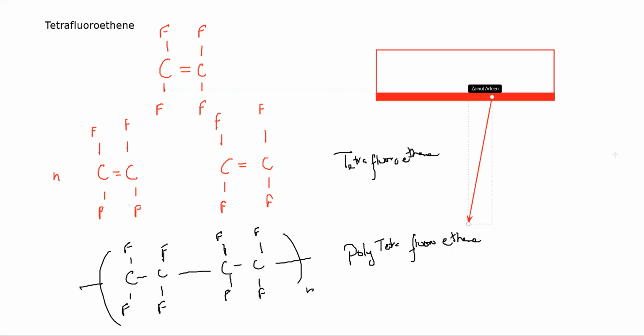Even if the temperature is too high, the food will not stick to the wall or the base of this container. So non-stick pans have a layer of polytetrafluoroethene, which is commonly known as Teflon. Teflon is a common name. It's not according to any structure. Is it clear? The addition polymerization.